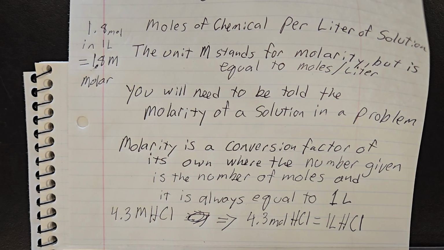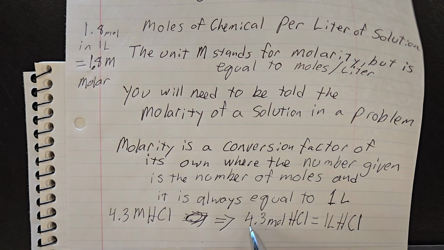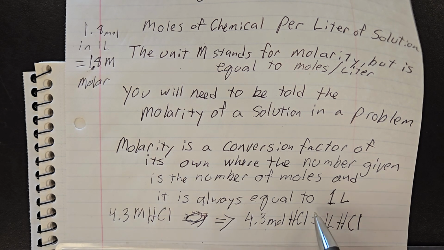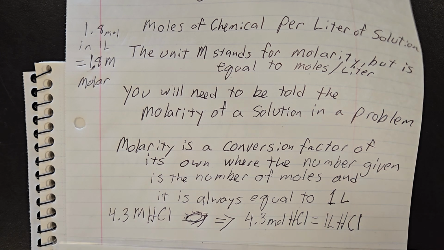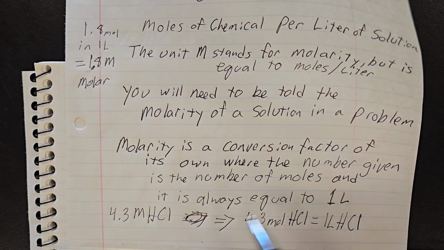I don't have to change these things entirely. I'm just going to make this be the equality, and then I can use that as my conversion factor. I can turn that into fractions, where I put the 4.3 moles of HCl over 1 liter, or the 1 liter over 4.3 moles, whatever we need to do.